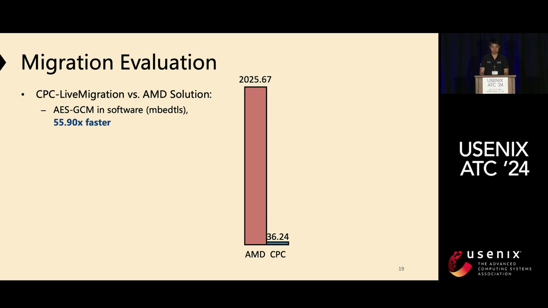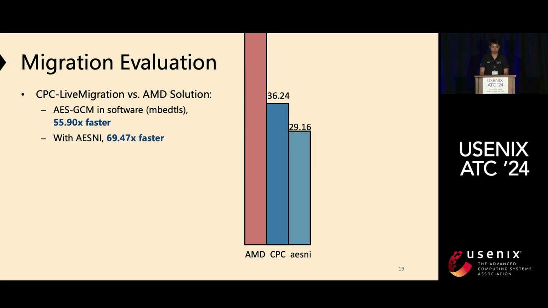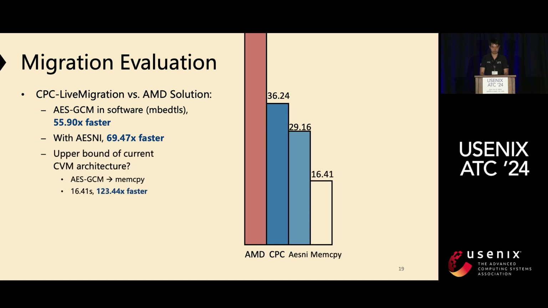If CPC is implemented purely by software, it could reduce the migration time to 36 seconds, accelerating it by a factor of 56. With AES-NI encryption acceleration, this can be further reduced to 29 seconds, a speedup of 69 times. In order to explore the upper limit of performance that CVM can achieve, we assume that there could be hardware to accelerate the encryption and the encoding process to the overhead of a simple memory copy.